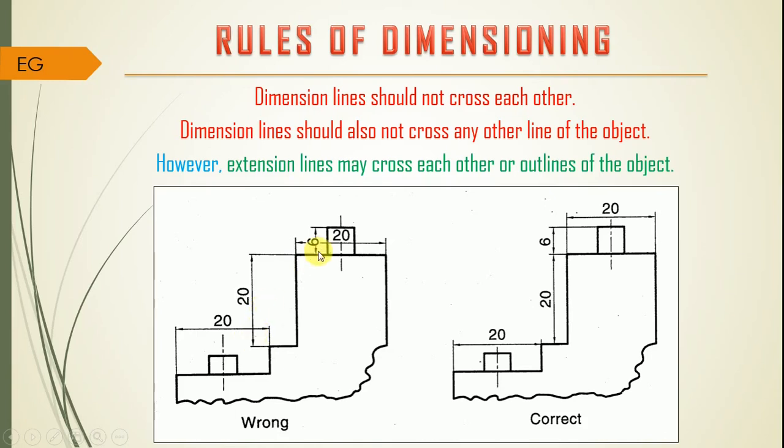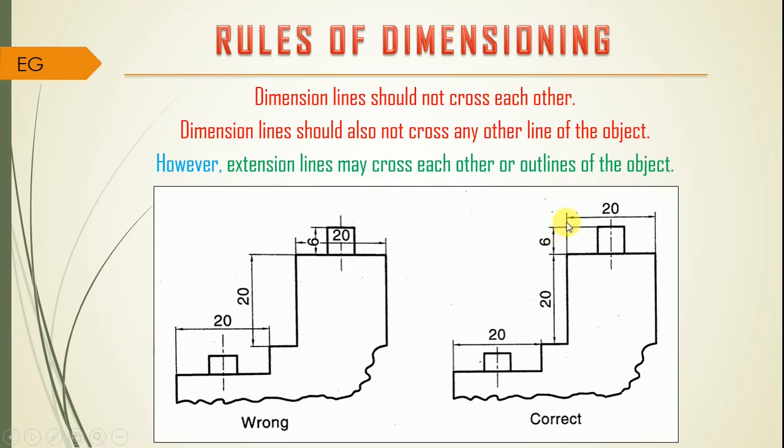So this crossing of dimension lines, and the crossing of a dimension line with the other lines of your object, is not acceptable. However, your extension lines may cross each other. Here you found this is 6 mm, this is 20 mm, and to show those dimensions you have extension lines and they are crossing over each other.